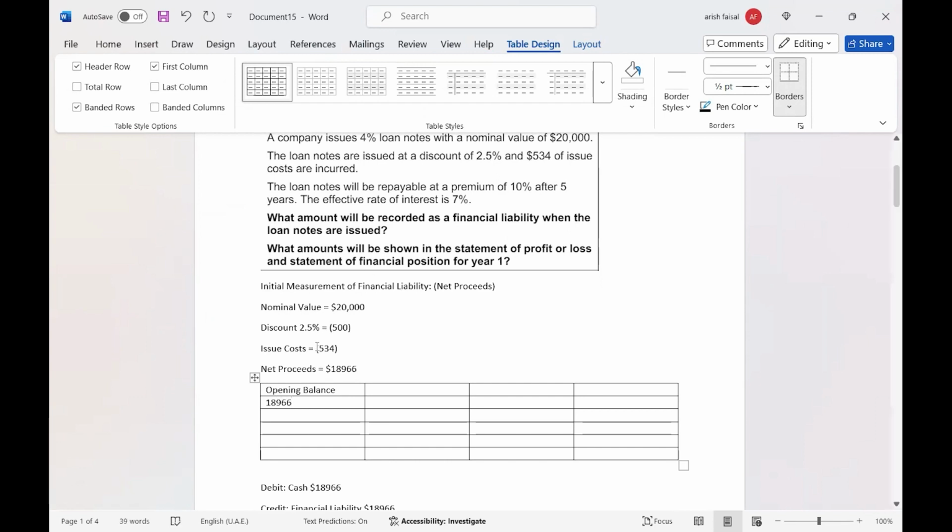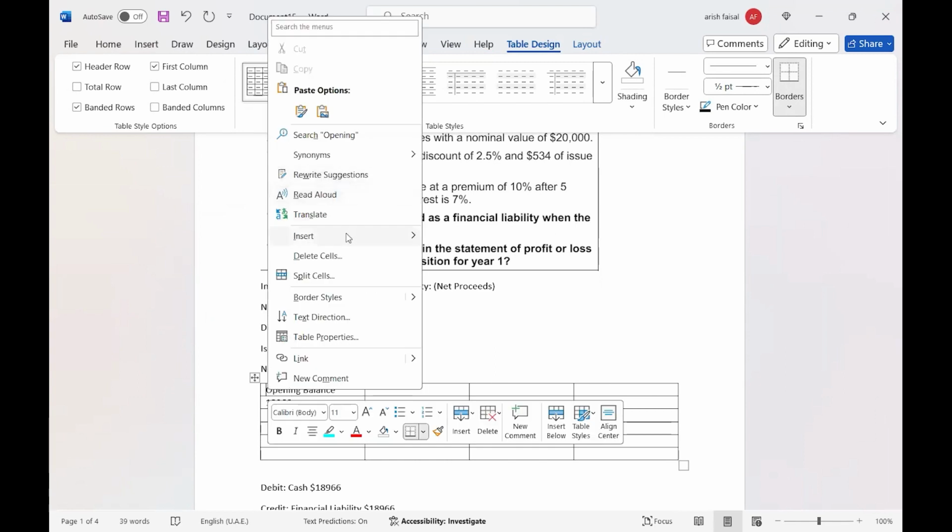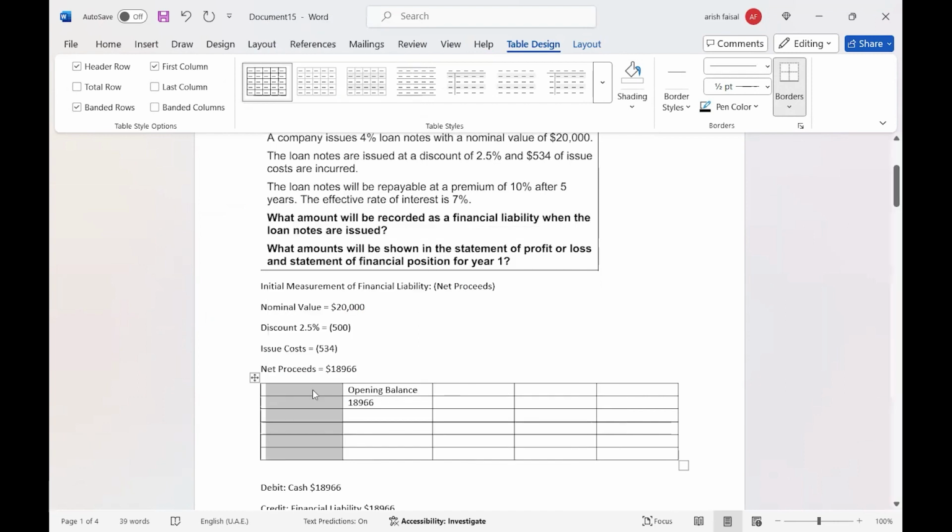I'll just add one more column for the years, so 1, 2, then 3, and then 4, and then 5.